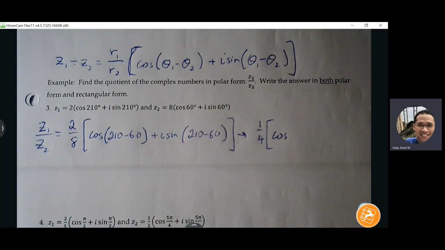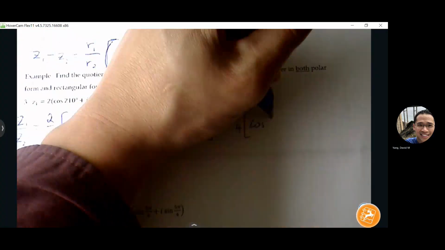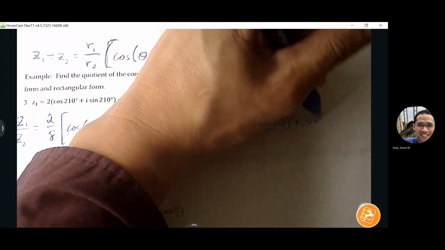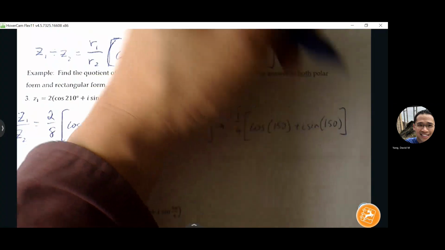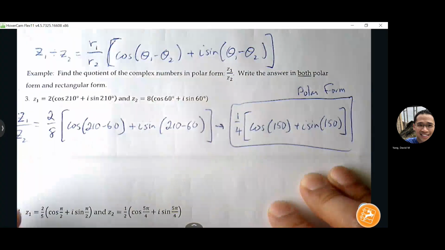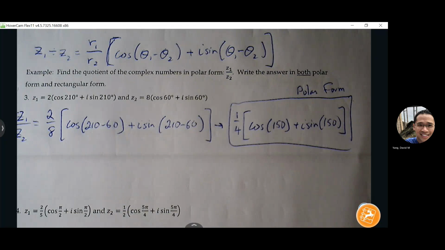Okay, 210 minus 60 is 150. Resolve cosine and sine, distribute the 1/4, and then you can convert your polar form to rectangular form.